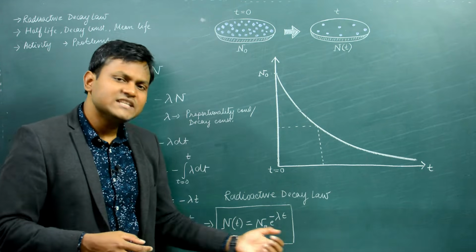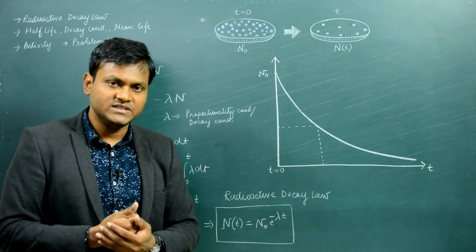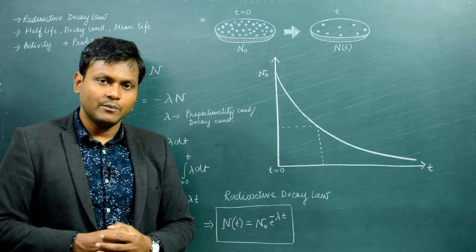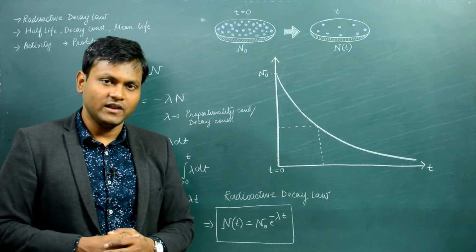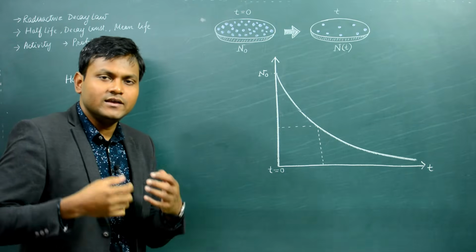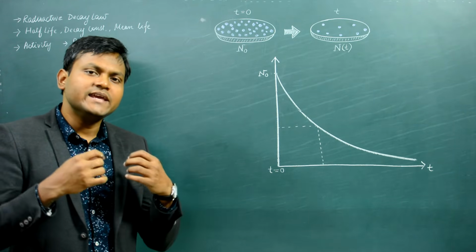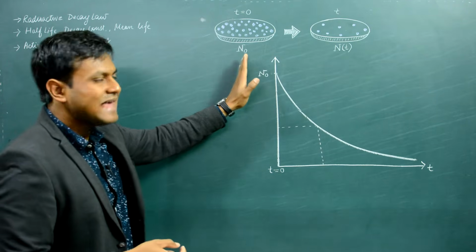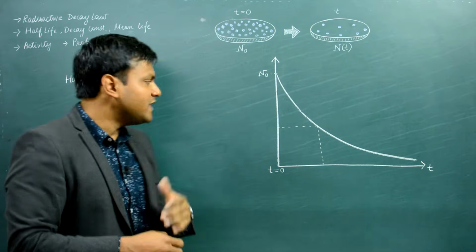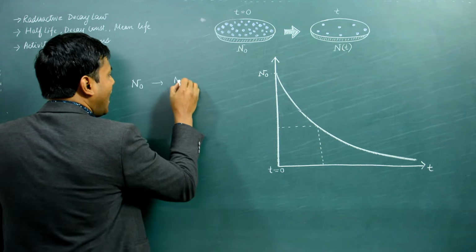Now, the decay constant is not the only parameter which tells us something about the characteristic of the radioactive species present. There are other parameters also, and one of them is the half-life. The half-life of any given nuclear species or radioactive species is defined as the time period in which a sample decreases to half its original number.